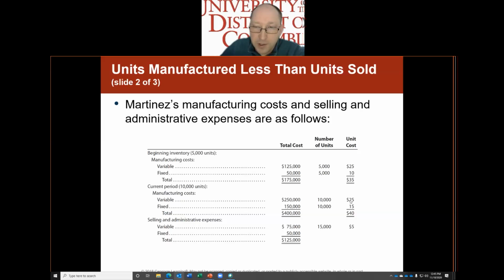We have a difference of $5. The difference came from an additional $5 per unit in fixed costs under the absorption costing method.